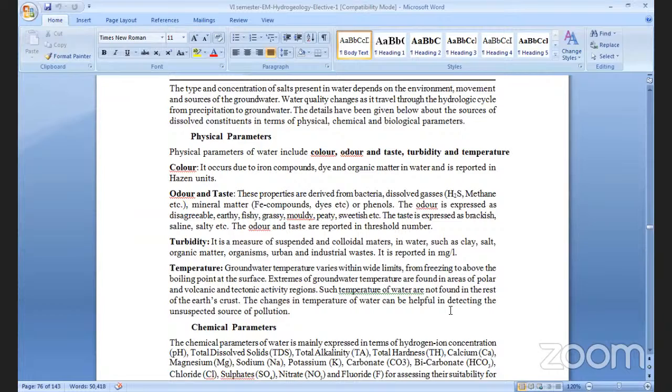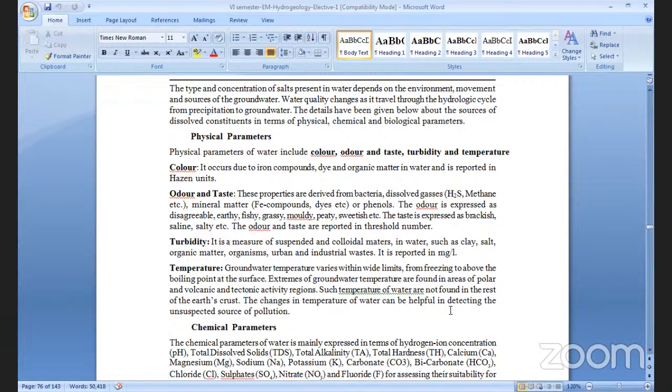Odor is expressed as disagreeable, earthy, fishy, grassy, mildly peachy, or sweetish, and the mixes have different tastes. Taste is expressed as brackish, saline, or salty.